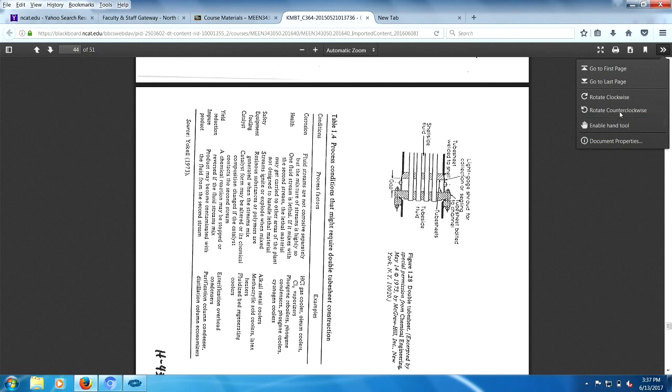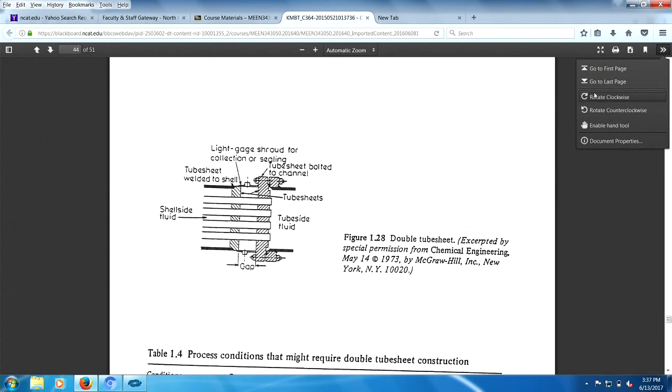Anyway, try counterclockwise. There you go. Double tube sheet. Now then, you have obviously the shell side and the tube side. So you have one tube sheet here. The tubes had to go through that tube sheet, and this is a really great joint in here, welded or whatever. And then you got to do that with this other tube sheet.